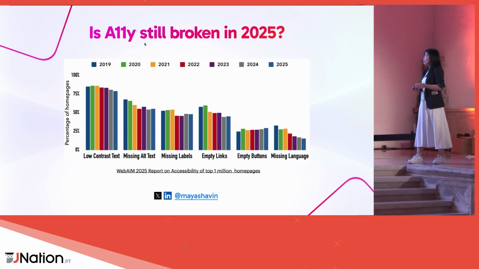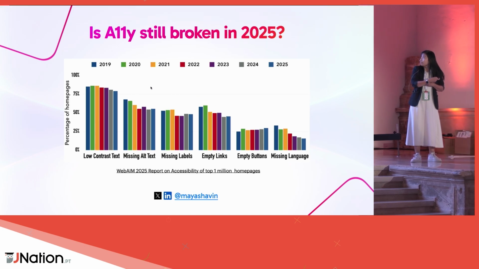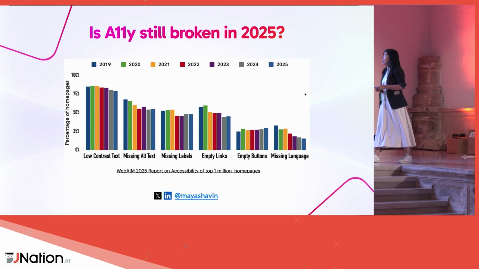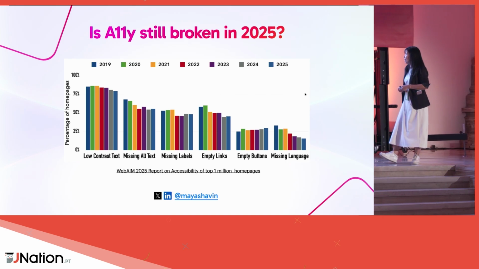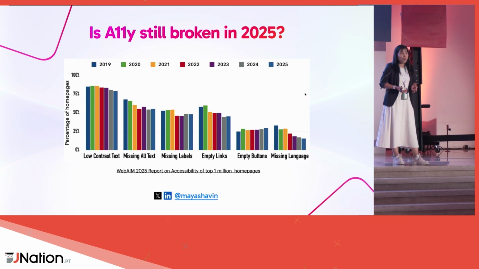But as you can see here, these are the common accessibility bugs from 2019 and 2025. And you can see the low contrast text became very high. Why?